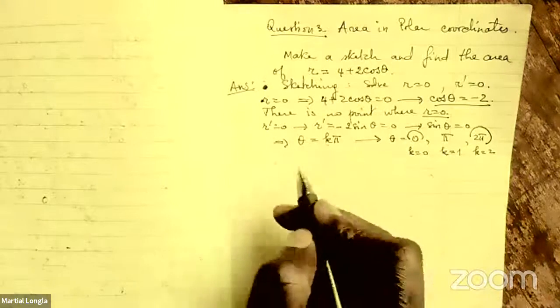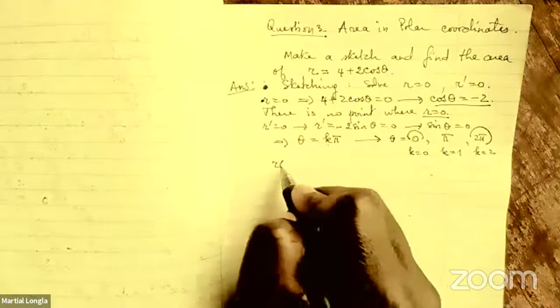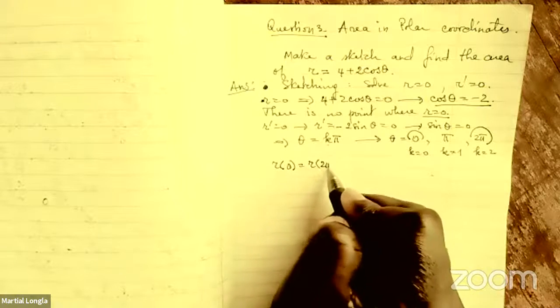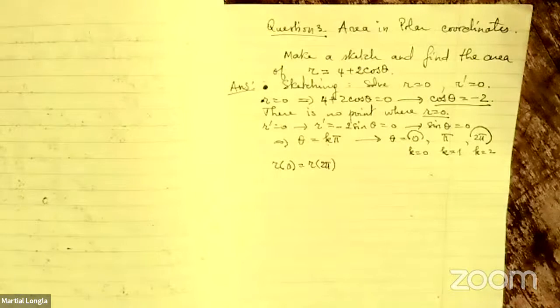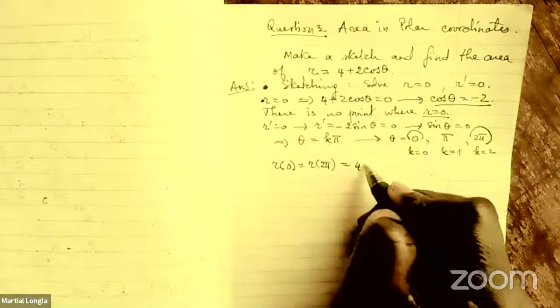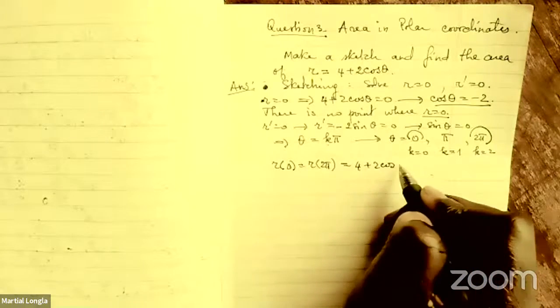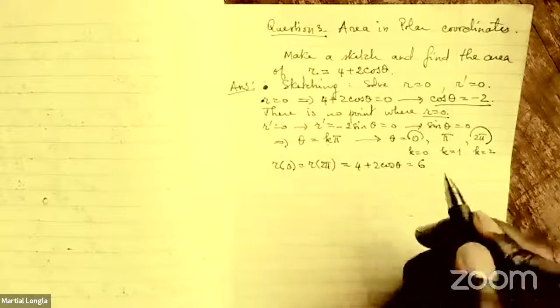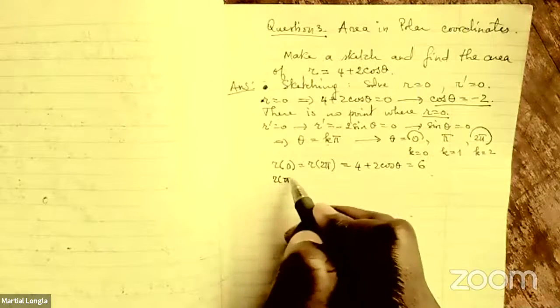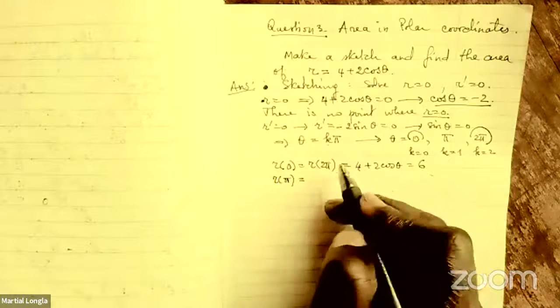Now, with that being said, you've got to compute r of 0, knowing that it's r of 2 pi. That's why I was saying that it will be the same point. You plug that in, it's going to be 4 plus 2 cosine of 0, which is 6. Then you compute r of pi, which is 4 plus 2 cosine of pi.